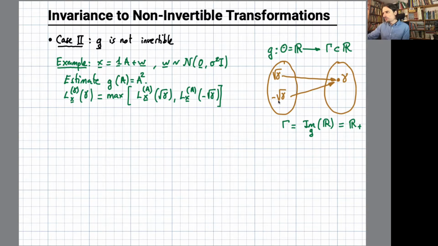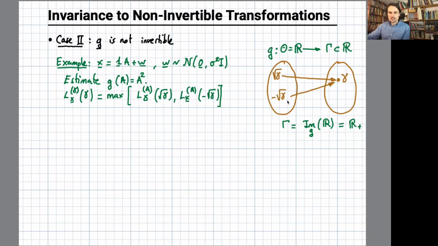There are multiple possibilities for defining the likelihood of gamma in terms of the likelihood of the parameters that are mapped into that gamma, right? The one used in ML estimation is the maximum of the likelihood of these values. Okay, so there would be other possibilities, right? One could, for instance, think of taking the likelihood of this plus the likelihood of this.